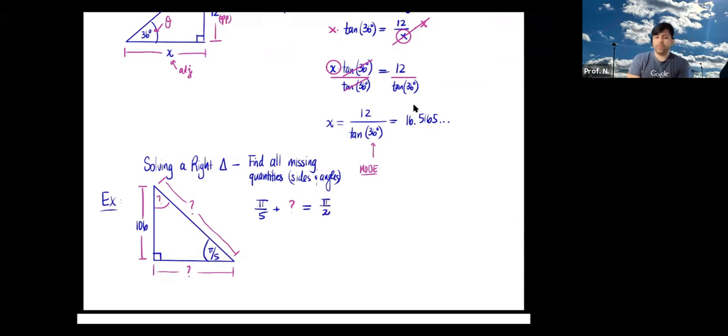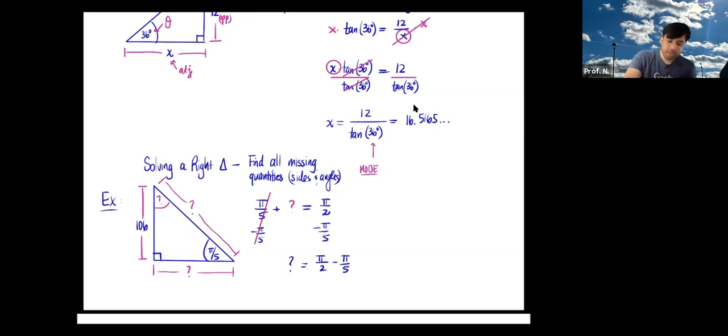So to find the missing angle, I subtract pi over 5. The question mark equals pi over 2 minus pi over 5.